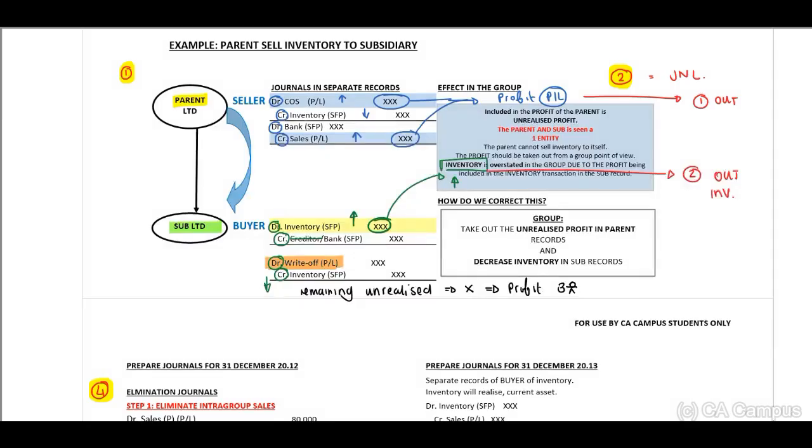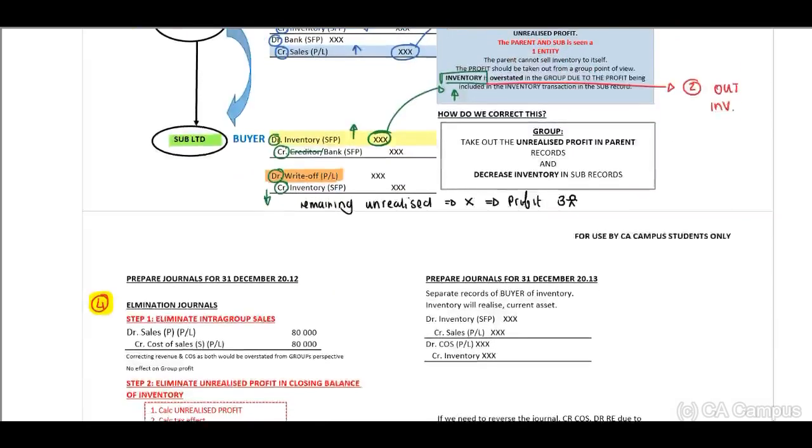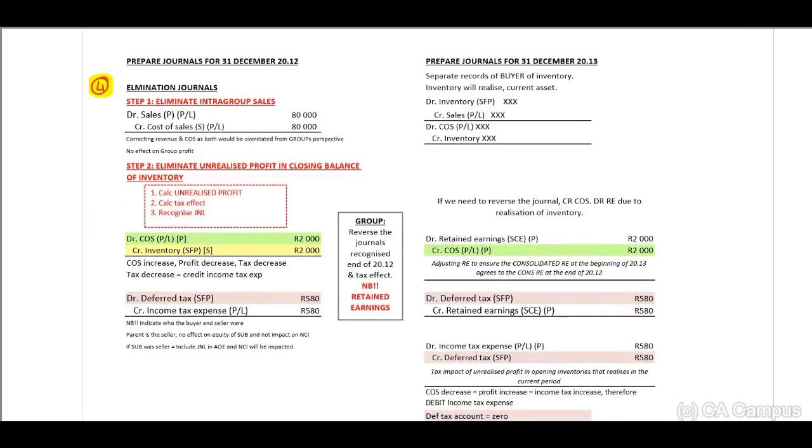So to be able to take this out, we need to eliminate our sales. Debit the sales, this will decrease, and credit cost of sales, decrease. We are correcting our revenue and cost of sales. On the profit itself, it will not have an effect.